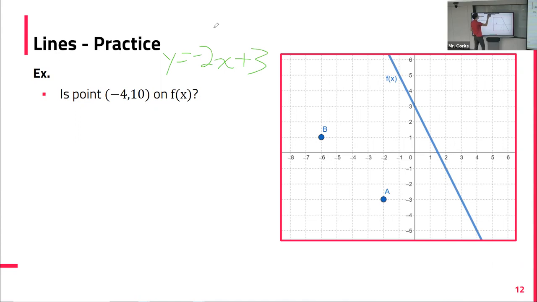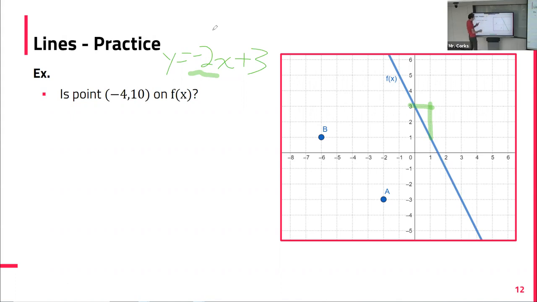So we can see 3 as our intercept and then our slope of 2. So when x goes up by 1, right by 1, y goes down by 2. That's what this is representing here.